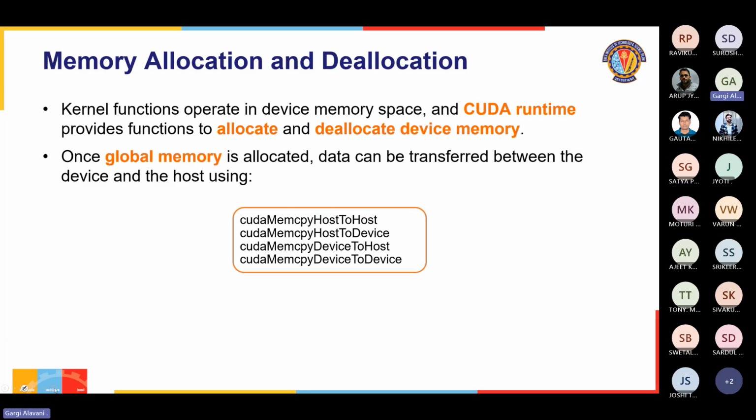We allocate and deallocate memory using these functions: cudaMemcpy host to host, host to device, device to host, and device to device. This is how we get data from your host memory to your global memory.